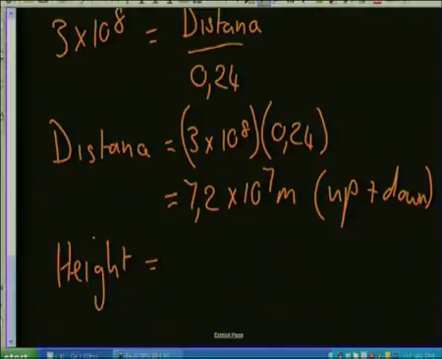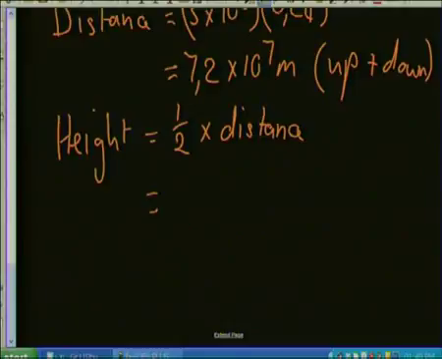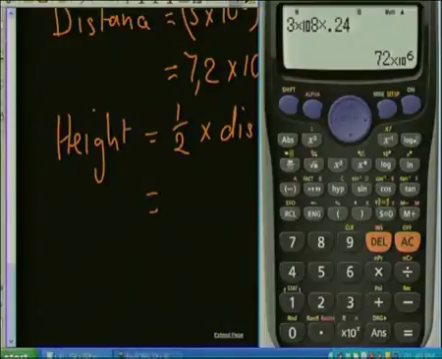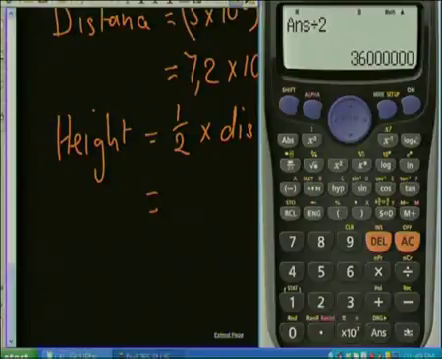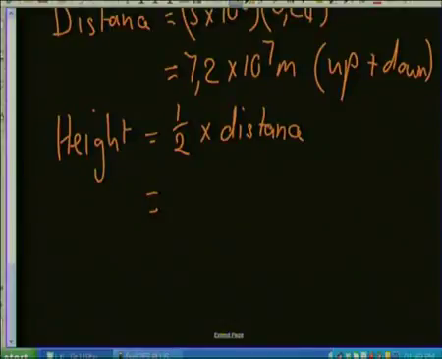What you need to recognize is that height is going to be half times the distance that the light has traveled, and that gives you this very impressive number there. We've got to divide by 2, and we're going to get an answer equal to something like 3,6 times 10⁷ meters.